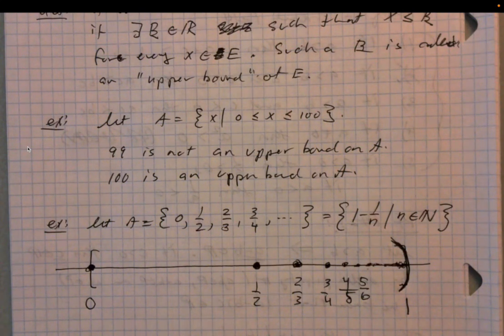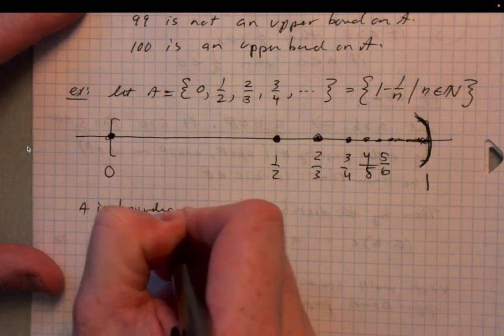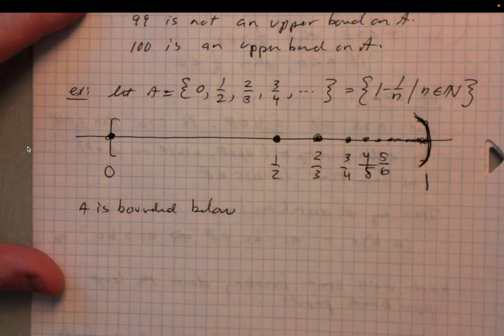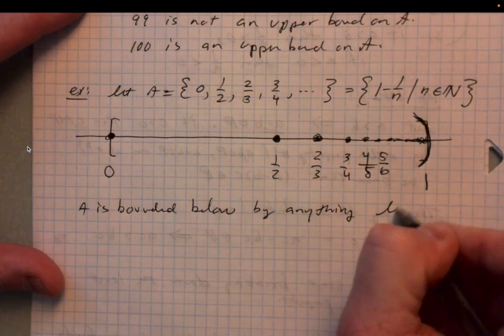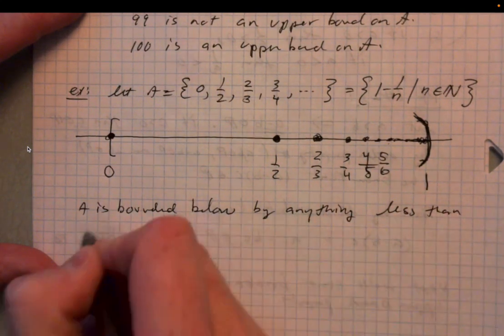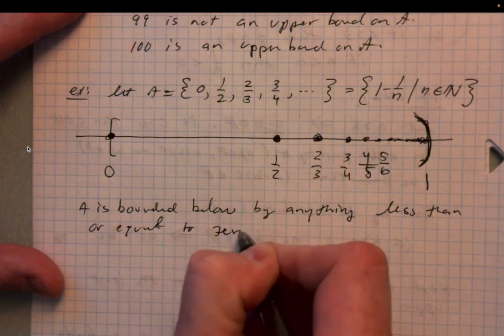This would be an example of a set that's bounded. A is bounded below by basically any real number less than or equal to 0.